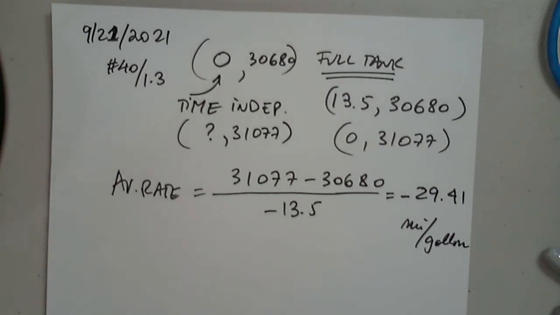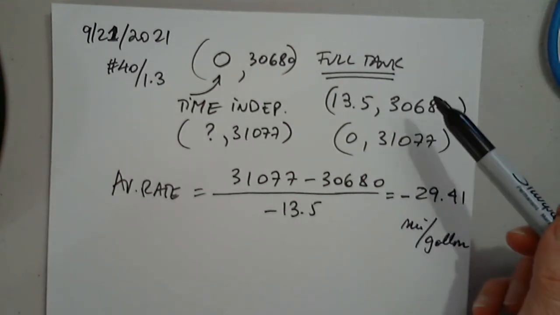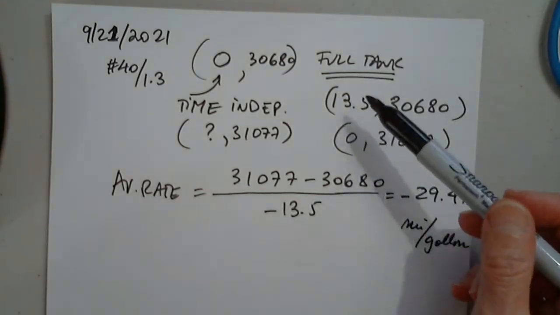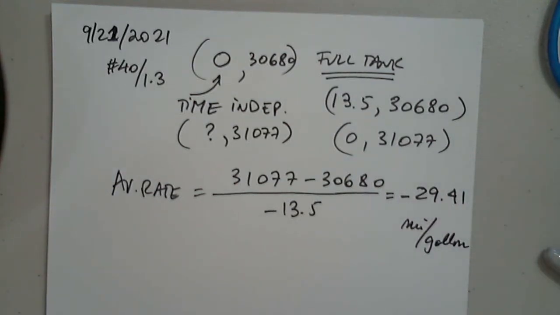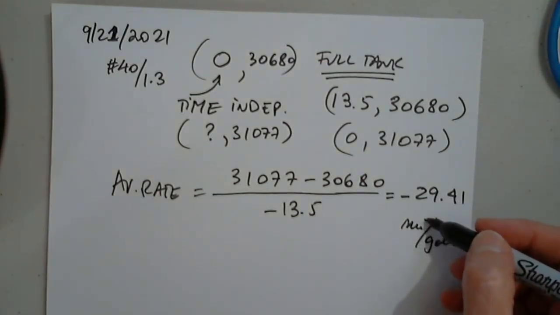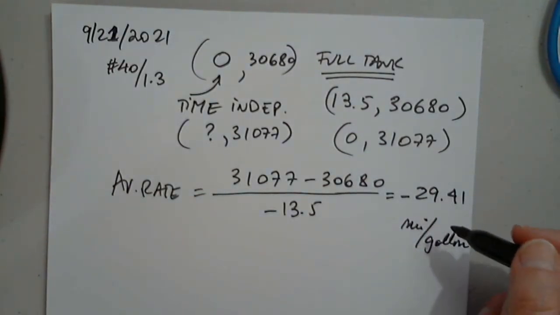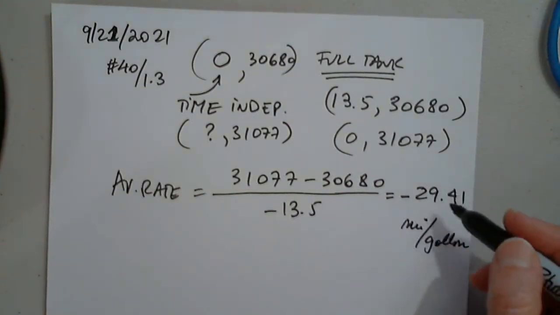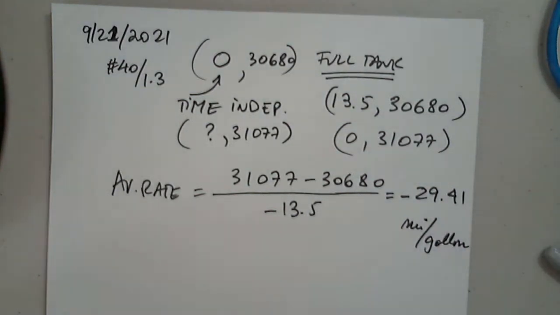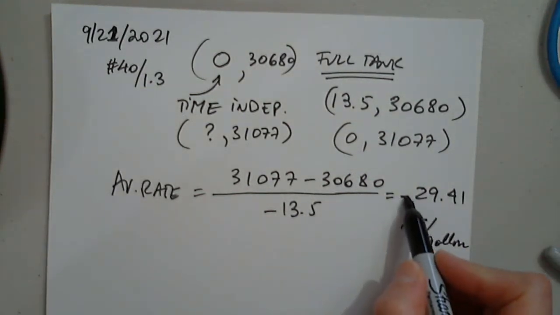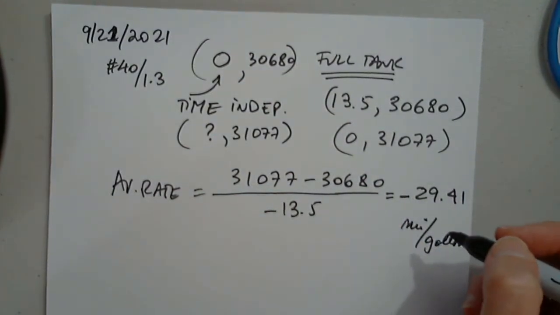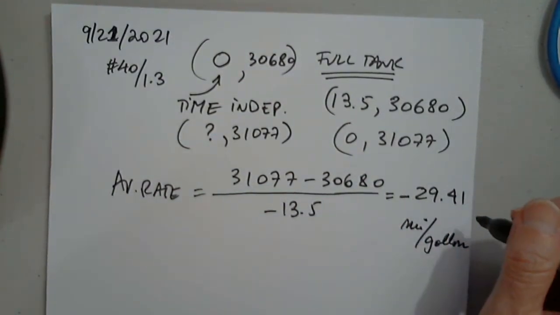So what is the average rate? So this minus this over this minus this. So negative 29.41 miles per gallon. Since I can't have a negative, I can't say, you can, actually, it is correct. The negative is correct. The negative does not say that it's negative 29.41.